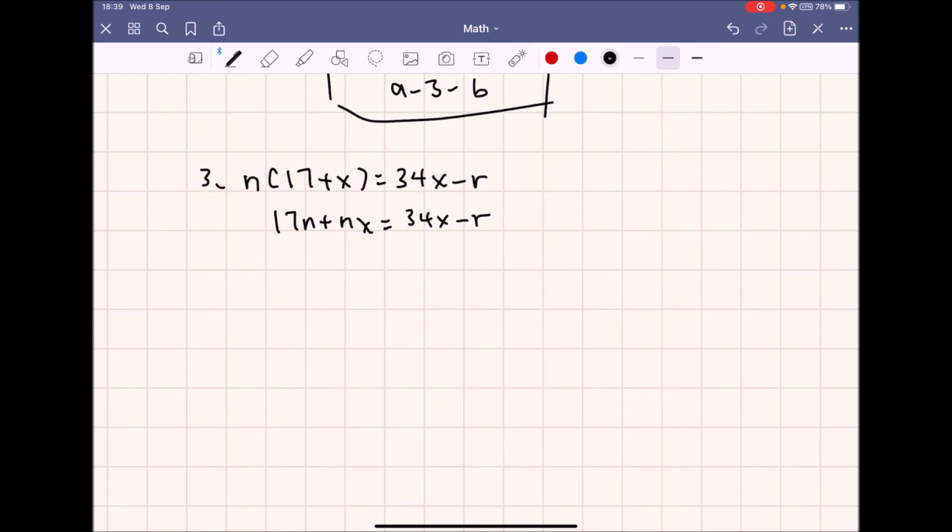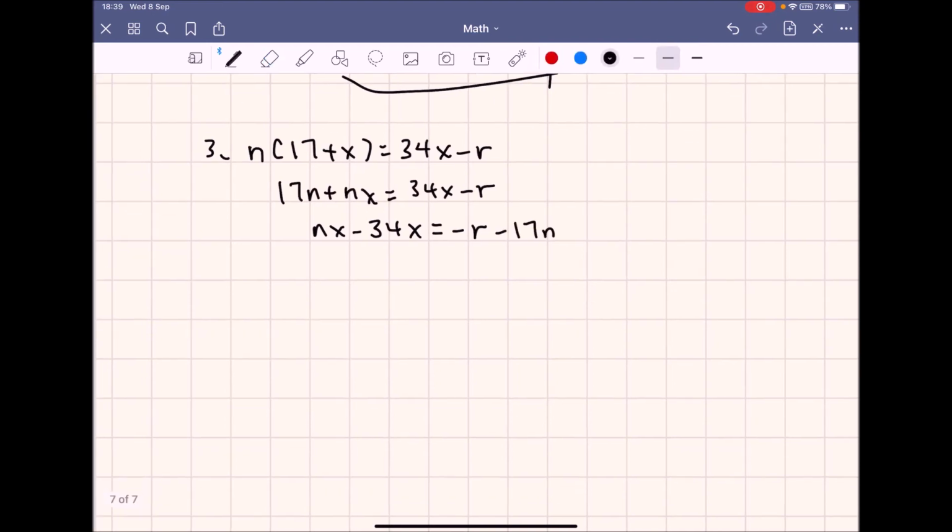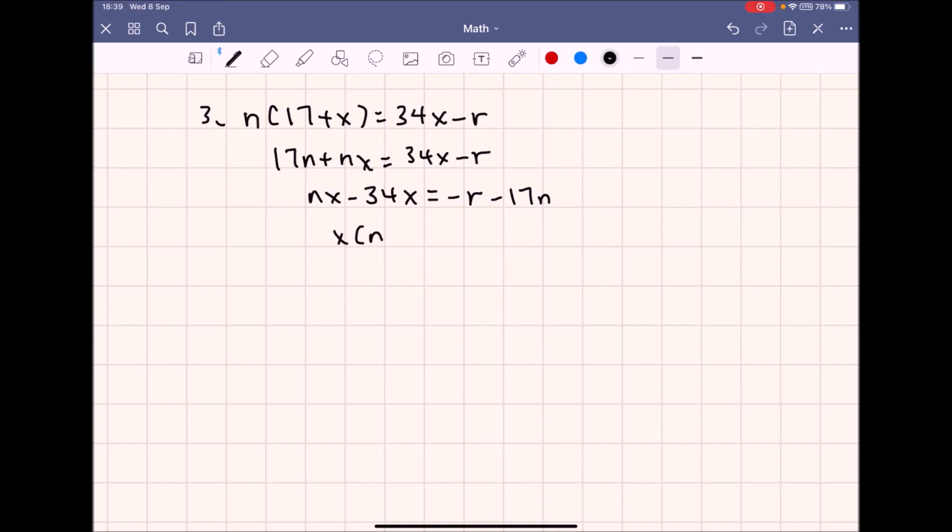And you move x to one side of the equation, you get nx minus 34x equals negative r minus 17n. And you factor x out, you get x times (n minus 34) equals negative r minus 17n.